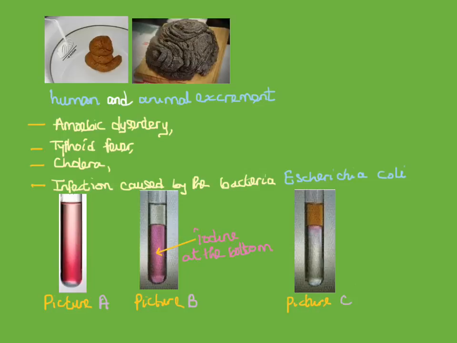In picture C, cyclohexane, which is an organic solvent, does not mix with water. Looking at this last picture, you will clearly differentiate between the cyclohexane, which is at the top, and water, which is at the bottom. They do not mix.